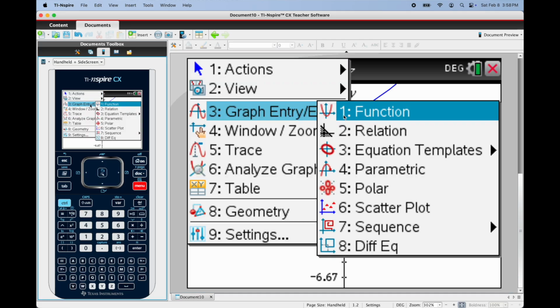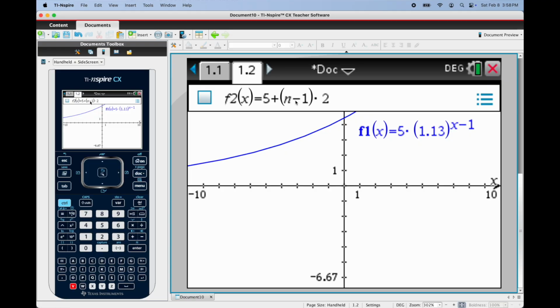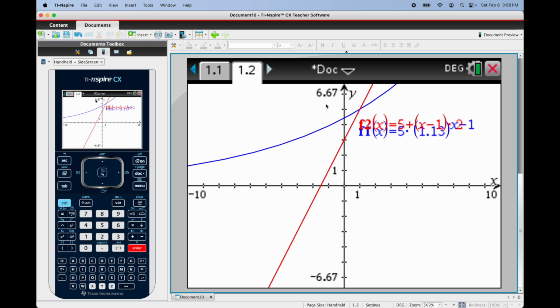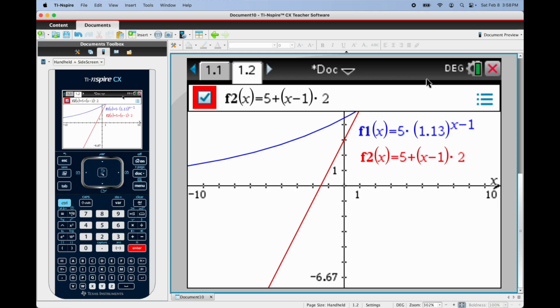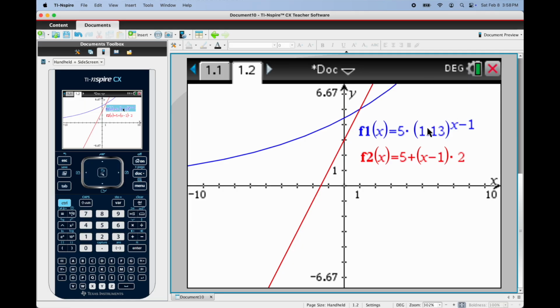There it is. The calculator doesn't like anything but x's. There it is, and there is Efya's: 5 plus (x minus 1) times 2. Something bad happened here. It says to make sure to use brackets. Come on now.